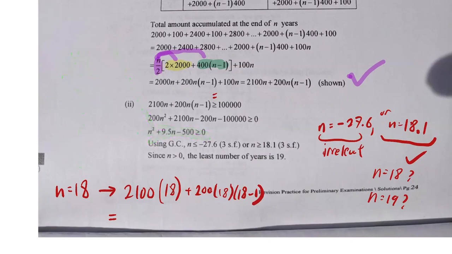But basically, what I'm trying to tell you is that this value here is actually $99,000, which does not hit $100,000, which you can also intuitively understand by looking at 18.1. What does the 0.1 here refer to? It's not just for fun.